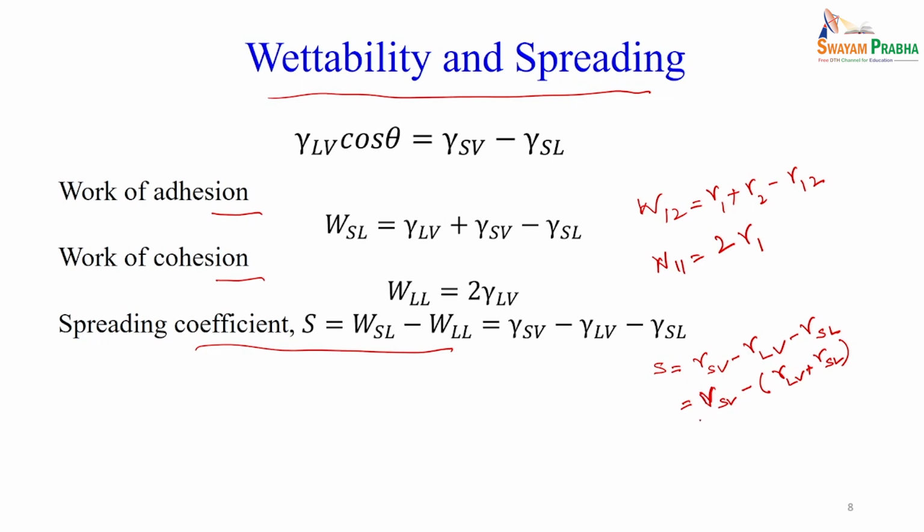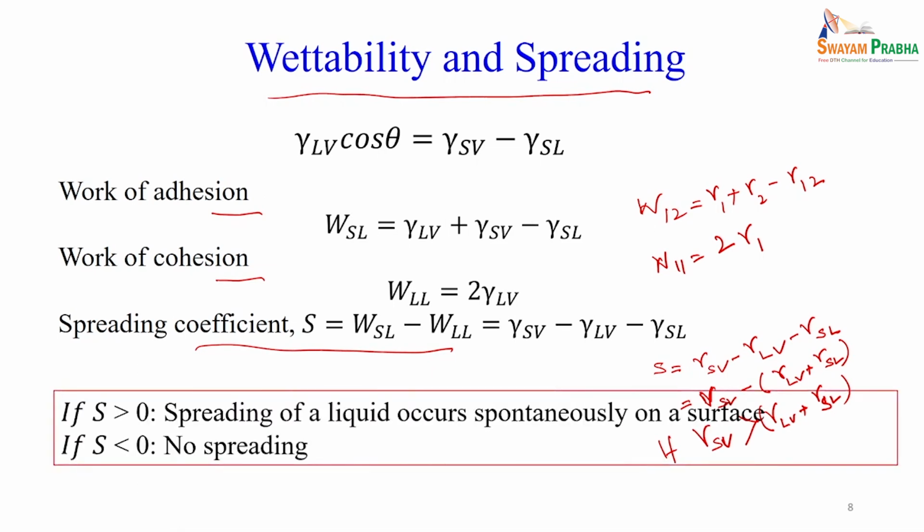if gamma SV is greater than gamma LV plus gamma SL, then S will be greater than 0, and in this case the liquid will spread spontaneously on the surface. But in the other case, if S is less than 0, it means there will be no spreading or no wetting.